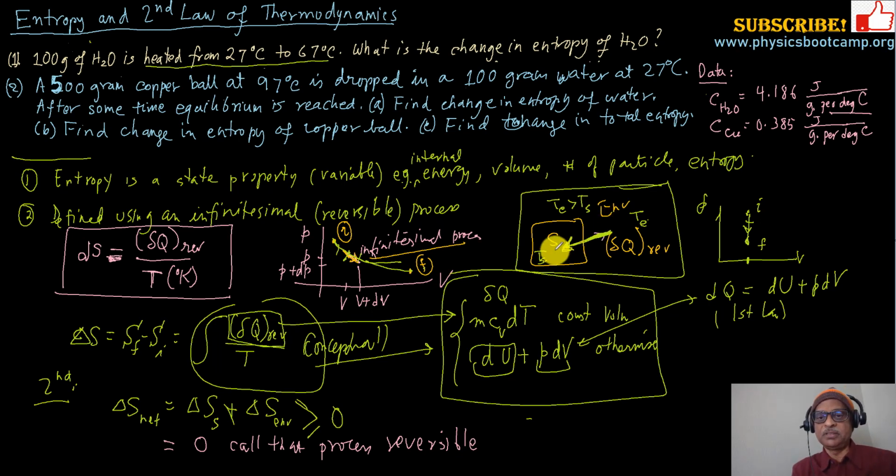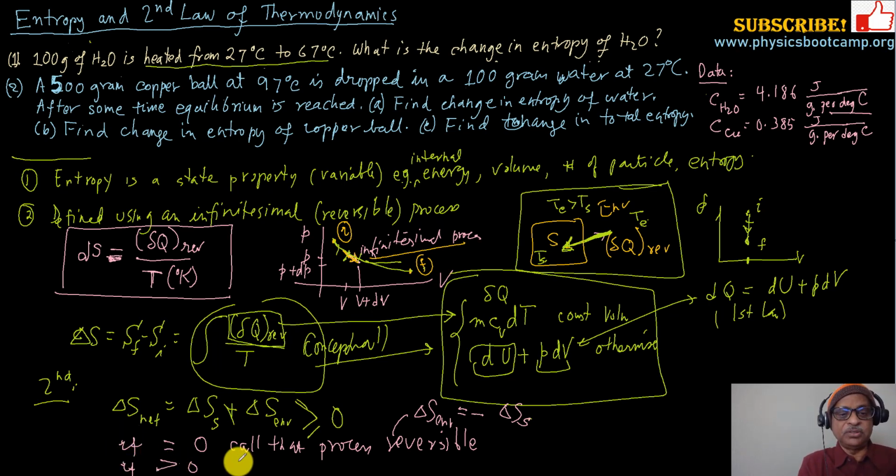So whatever the way heat went in, if that happens to be, that means delta S environment is completely minus the delta S of the system. If not equal to 0, it will be greater than 0, strictly greater than 0. If it's strictly greater than 0, then we call that process irreversible.